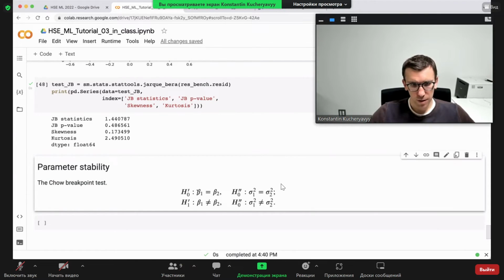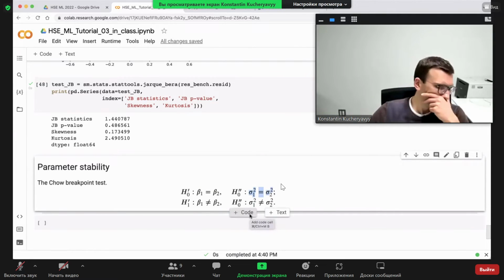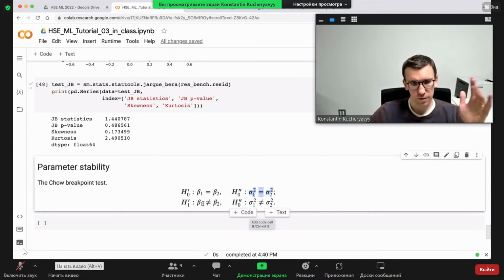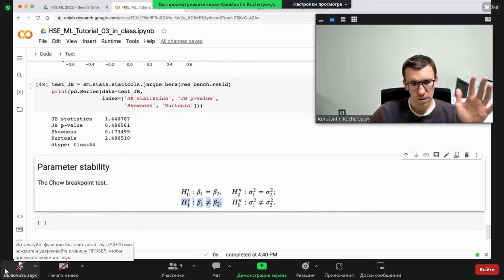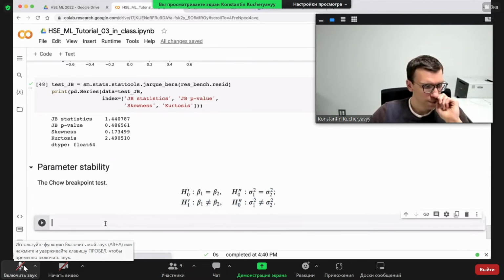We estimate the same model for two periods, before the breakpoint and after the breakpoint, and we test if the coefficients are the same and the variance of the error is the same before and after, against the alternative of being not the same.